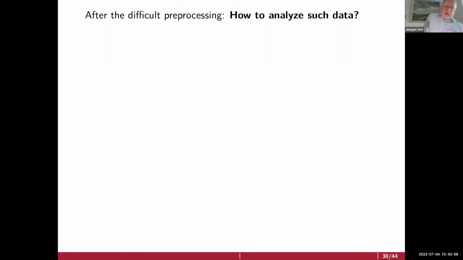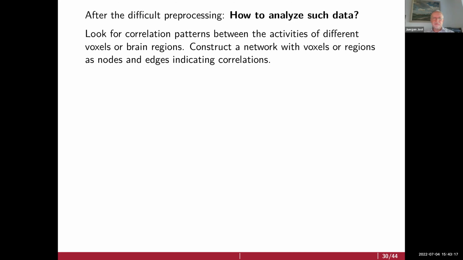Now, suppose that we have done that, the data are pre-processed and aligned. How could we analyze them? Again, as I had already indicated, one will look for correlation patterns between the activities of different voxels or brain regions. And we construct a network where the voxels or the regions, whatever we want to take, are the nodes, and where the edges indicate the correlations.